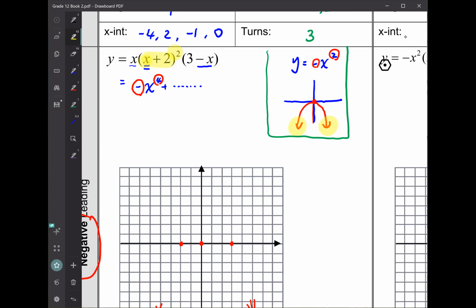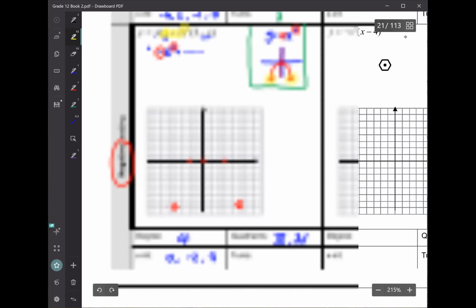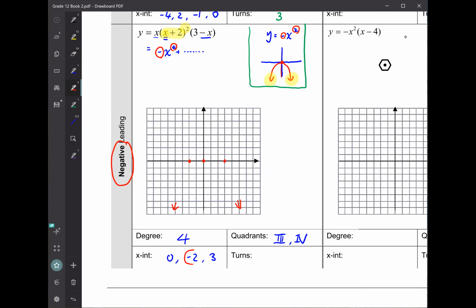So let's write down, we call that root that repeats, down here, x-intercept, the -2 is called the double root. Double root, the graph or curve bounces.